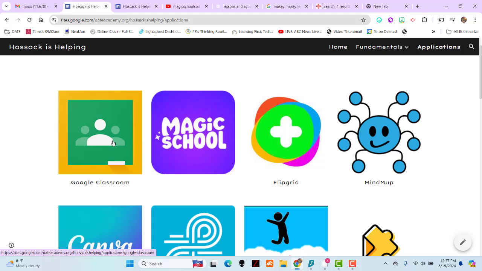But remember, having a really good Google Classroom is one of the first steps, a very important step in integrating technology into your classroom. This is your LMS, your learning management system. This is what's going to connect both the student and their family to your expertise in teaching the student.